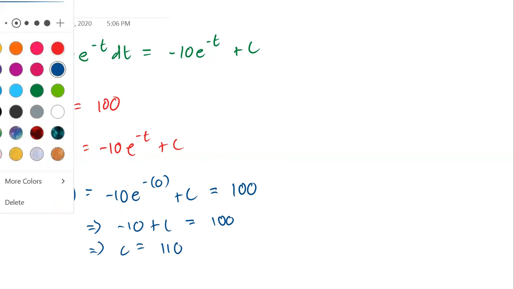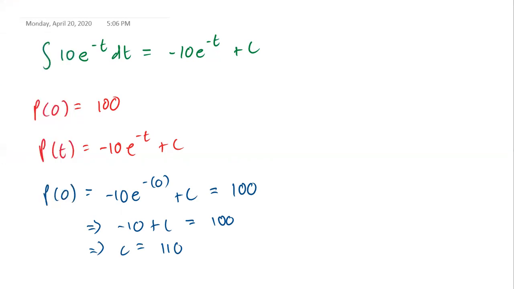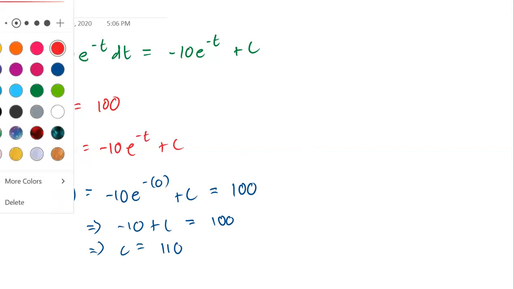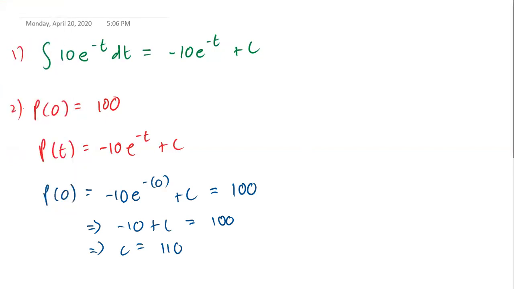So what is the unique function whose derivative is 10 e to the negative t, and that satisfies this condition that p of 0 equals 100? Well, it's the function negative 10 e to the negative t plus c, where c equals 110.